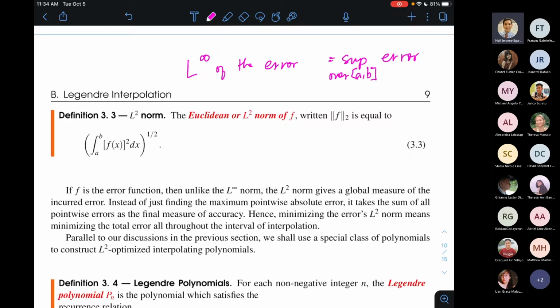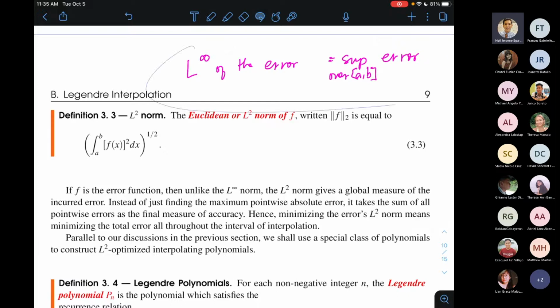Kasi yung measure natin ng error ay ano yung pinakamalaking magnitude ng error over the interval AB. So basically, ini-inspect natin sila point by point, tapos kino-compare natin yung magnitude ng error sa bawat isang point. Whatever the maximum error is over that interval, then that serves as our measure of error. So that's why L infinity norm is kind of a local measure of error.